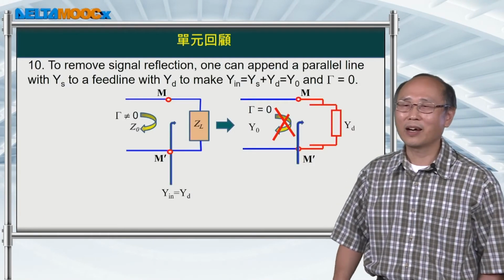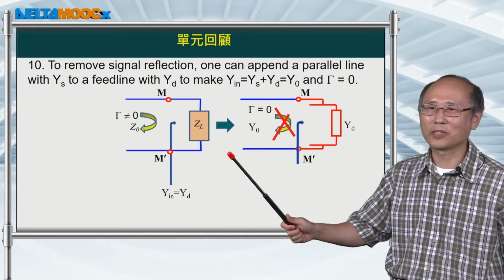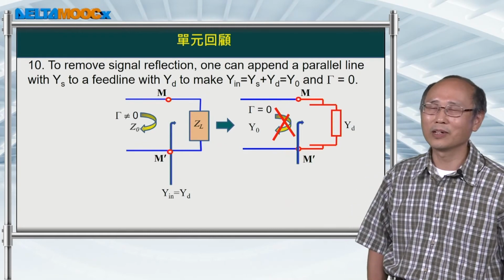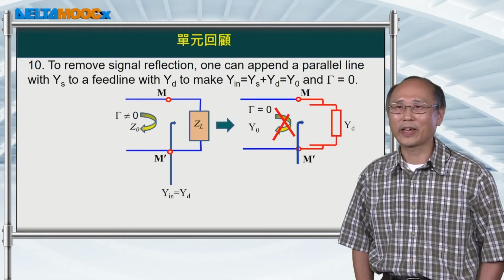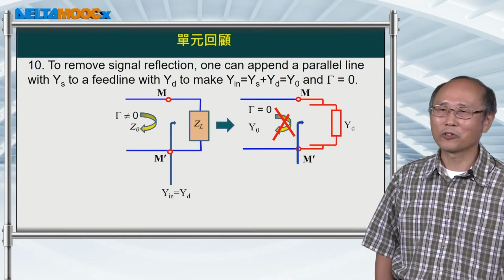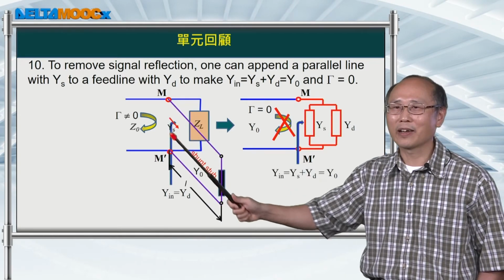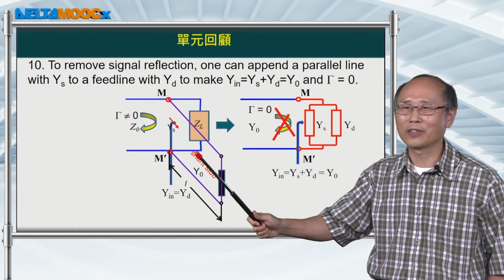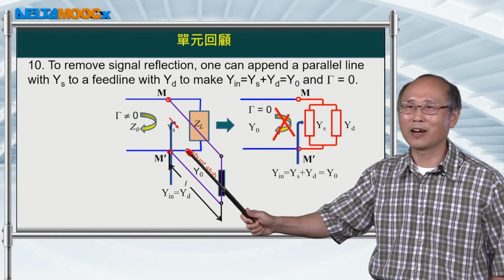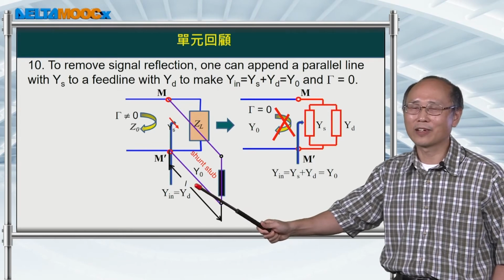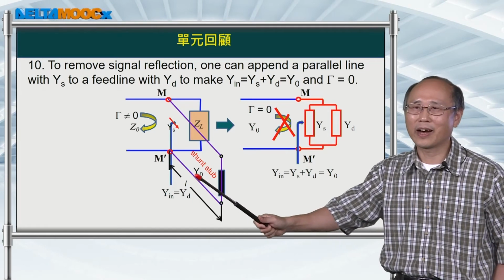Now we are in a position to connect parallel lines to a main line to cancel out the reflection. The idea is that you identify a small section of the length on the main line and connect a proper length of parallel line to it.